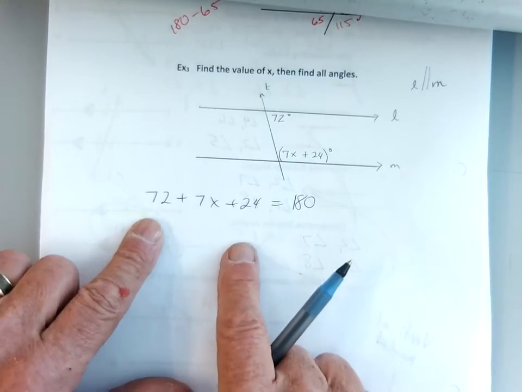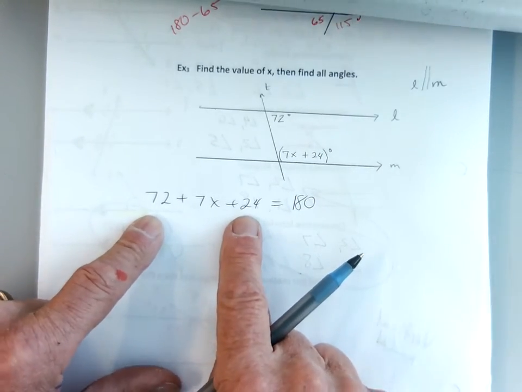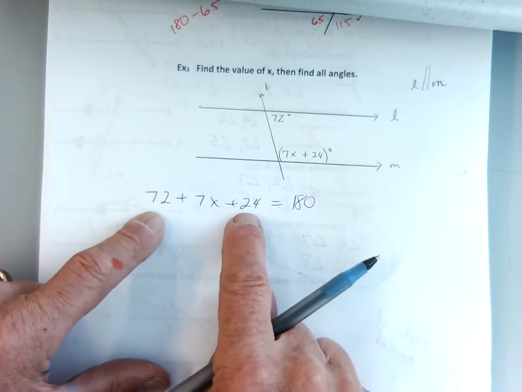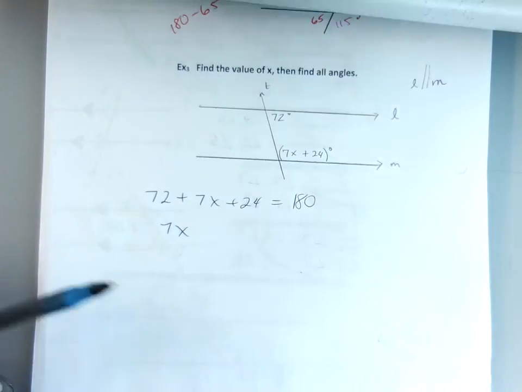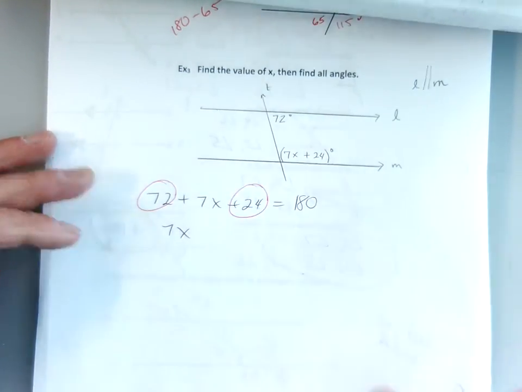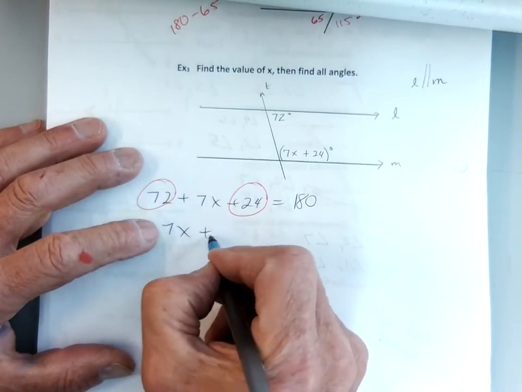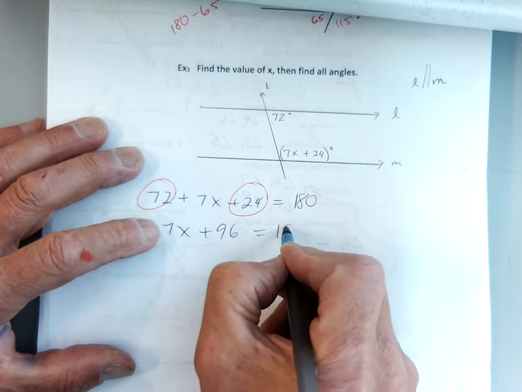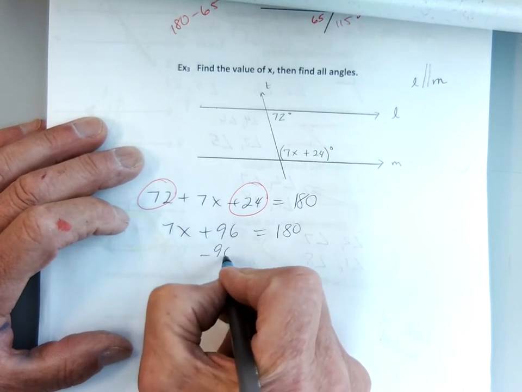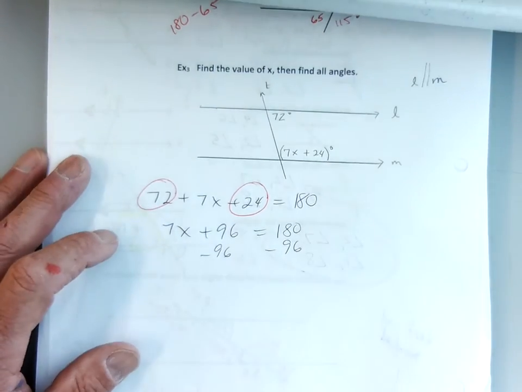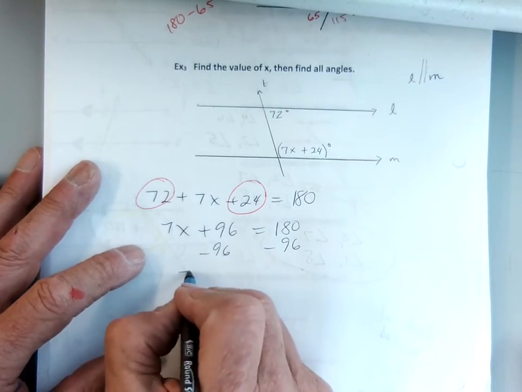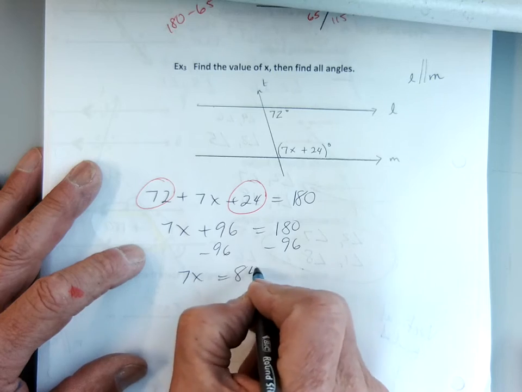Hey, this looks like our warm-up, doesn't it? This is the one that Michael did, but I'm actually going to solve an equation. I'm going to add these two, and I get 96. Subtract 96, and I get 84.